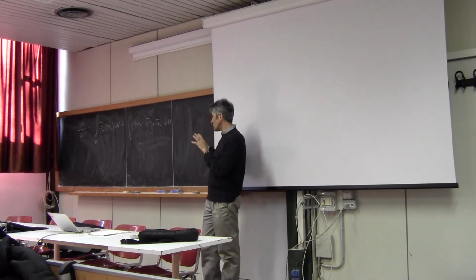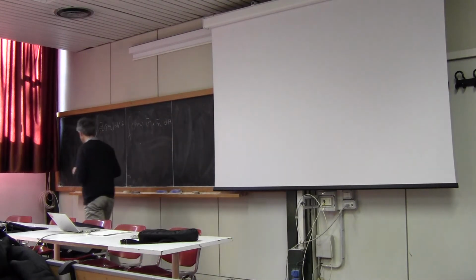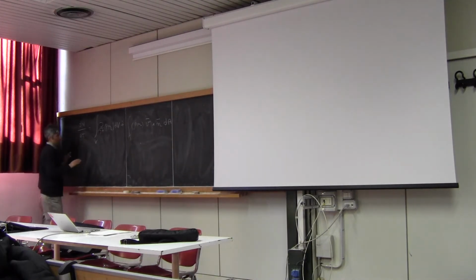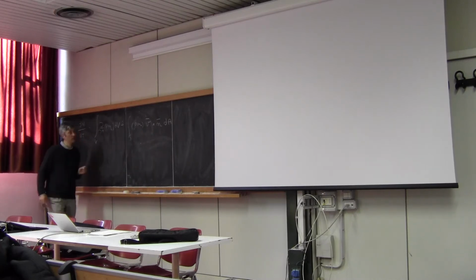Now, I want to say something more about this theorem. This is a relationship that is applied in 3 dimensions, because velocity is a 3-dimensional vector and the versor is a 3-dimensional vector.